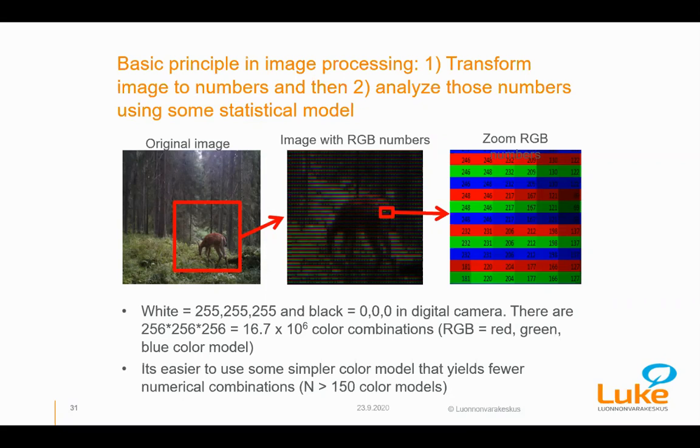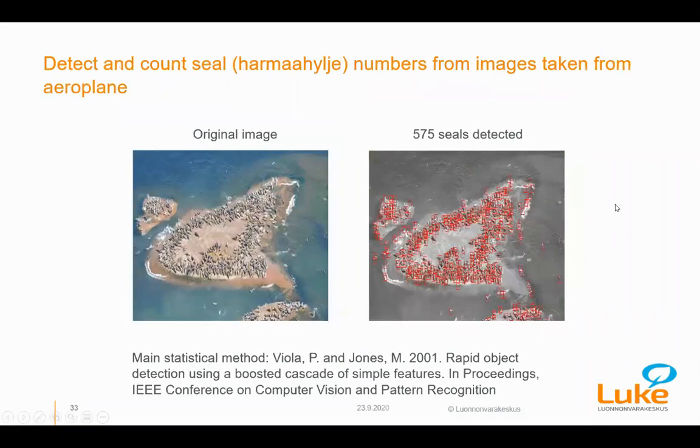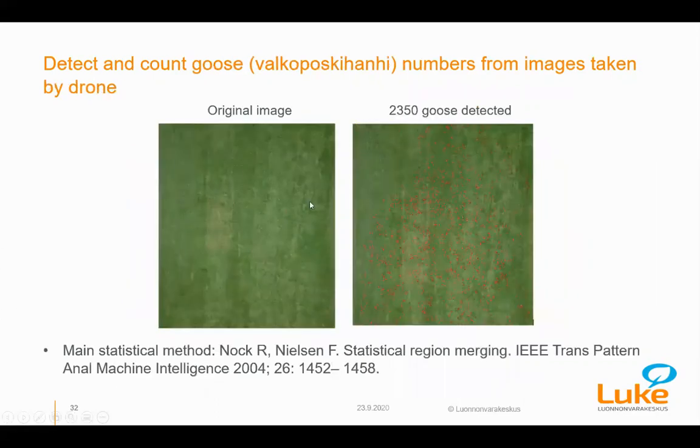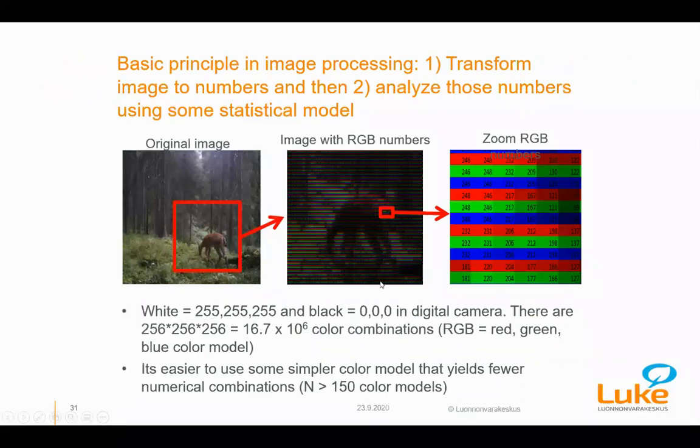I'm not exactly sure about the number of seal images, I don't know that example so well. But for these game camera images, there should be at least hundreds of labeled images available.